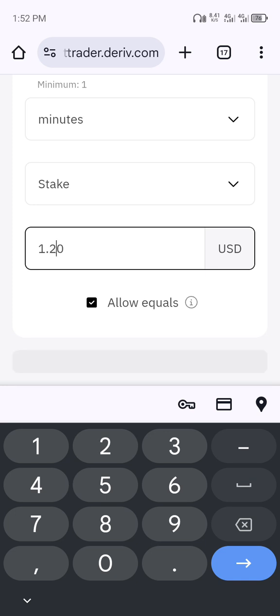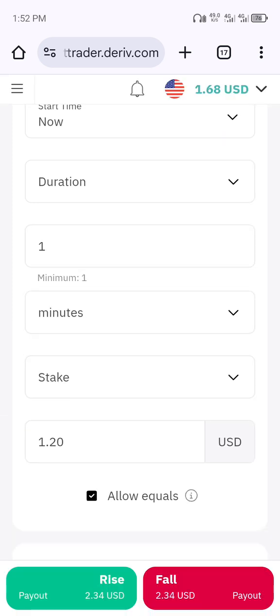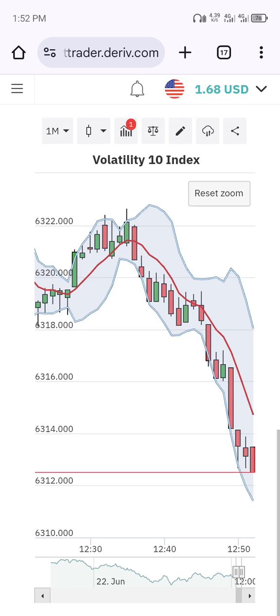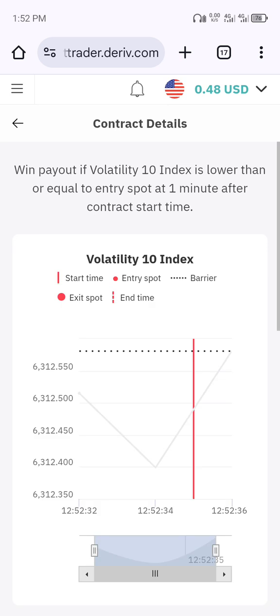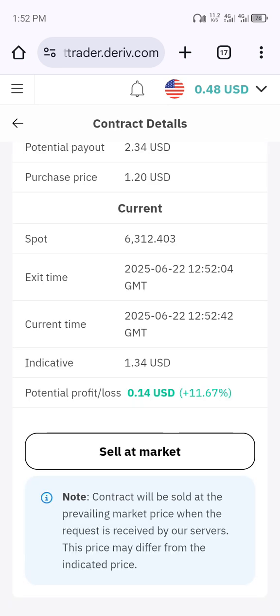I'm supposed to go to $1.40, but as I'm managing the portfolio to match the situation of the account, I go for $1.20. At $1.20, if I see even 90 cents, I'll take it.